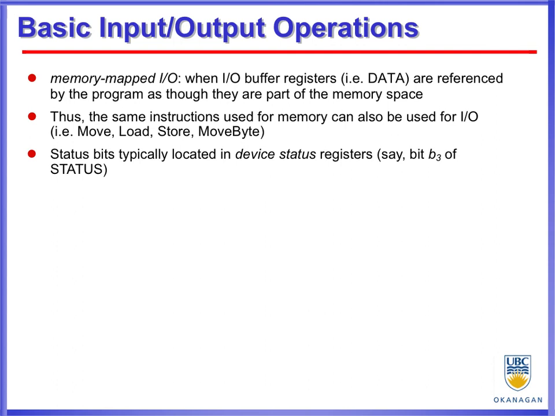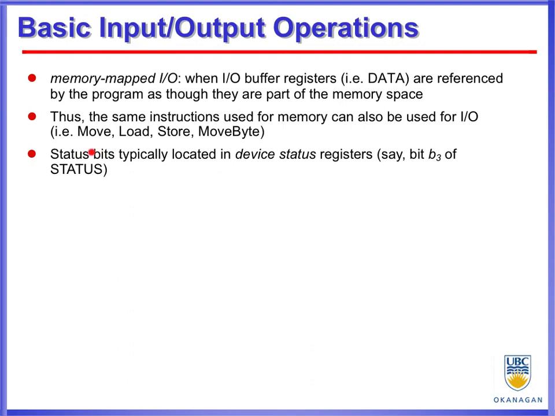As far as the CPU is concerned, it doesn't even know this is I/O. So the I/O buffer registers, like this data register, are referenced by the program as though they were part of the memory space. That means all the instructions that we can use on memory addresses, we can also use for these registers on the keyboard and on the display.